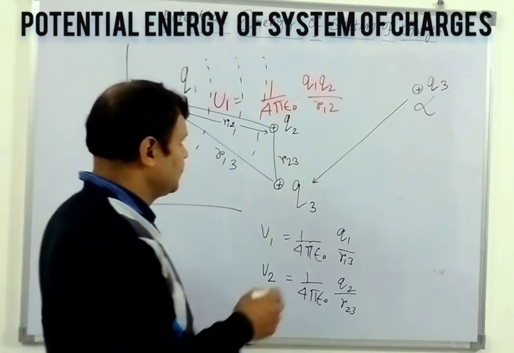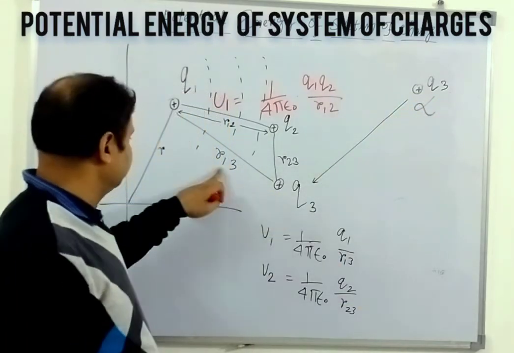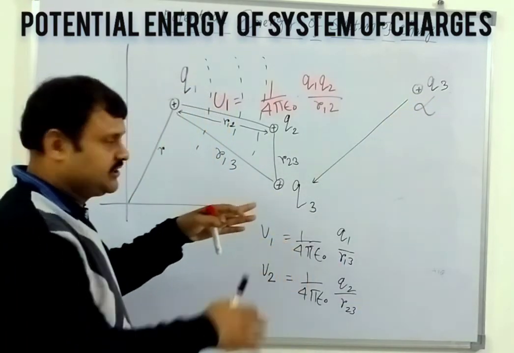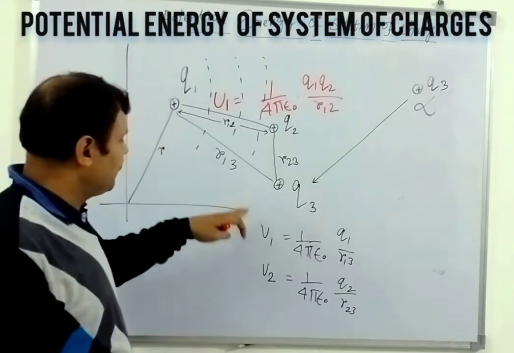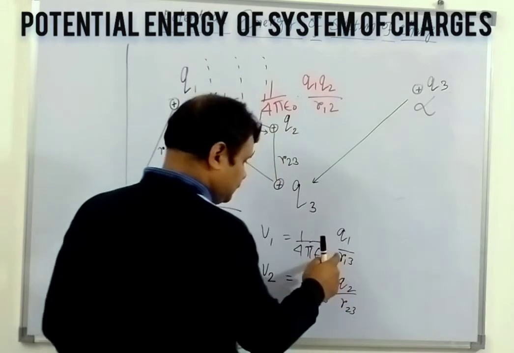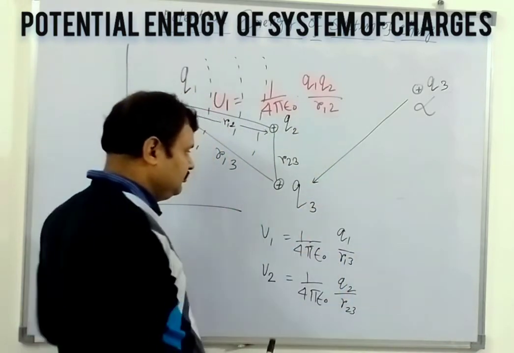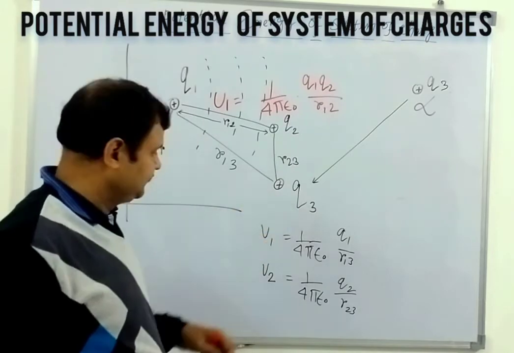So if you want to bring this Q3 from infinity into this configuration in the system, you need to perform the total work against this repulsive force and against this repulsive force to place it here.